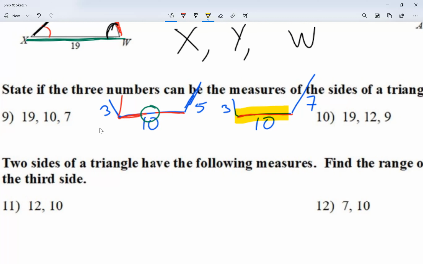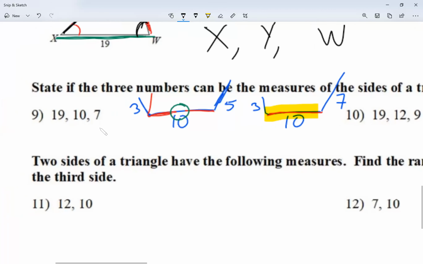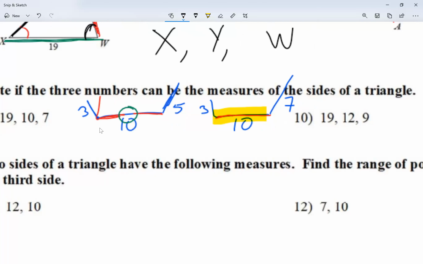So if adding the two small sides is less than the big side, or adding the two small sides is equal to the big side, it doesn't work. You look at my examples, 3 plus 5 is less than 10, it didn't work. 3 plus 7 is equal to 10, it didn't work. The only time when this is going to work, let me do this in black. Again, let's say the big side is 10.